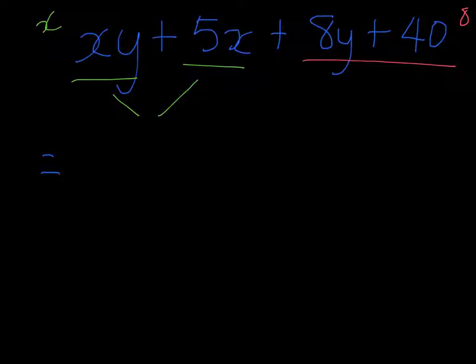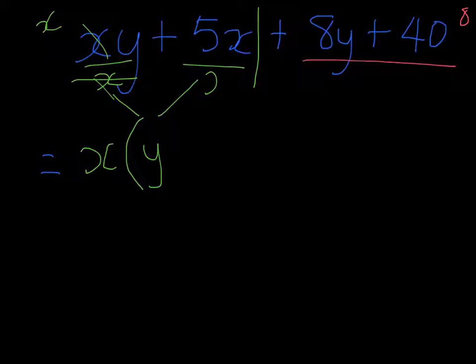So, just think about the first 2 terms to start with. Take out the highest common factor. Dividing xy by x is going to leave you with y. And take out the highest common factor of x here. x divided by x gives you 1, leaving you with 5. Let's do the same for the other side. The highest common factor is positive 8.